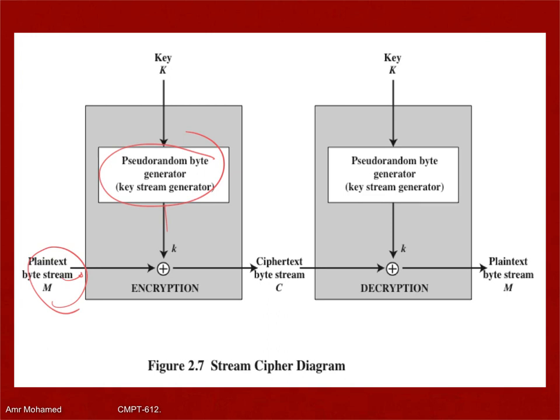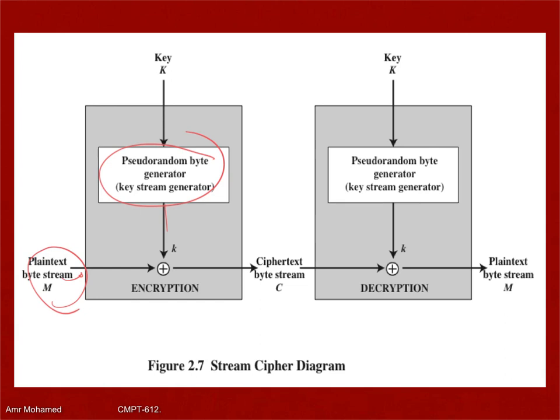The stream of random bytes can be as long as we want, so we can use the same key to generate random bytes forever. Theoretically, we can generate random bytes as long as we want, based on the key.